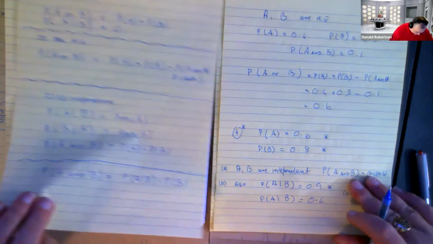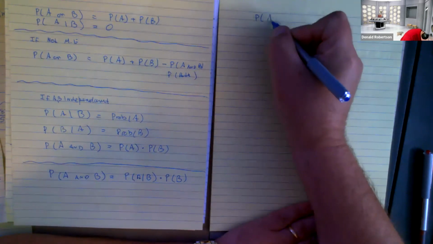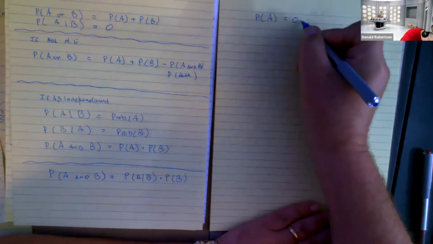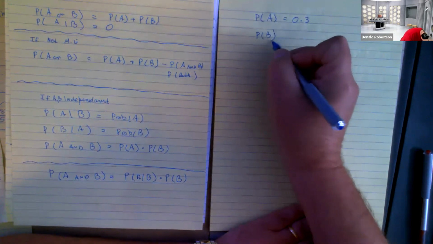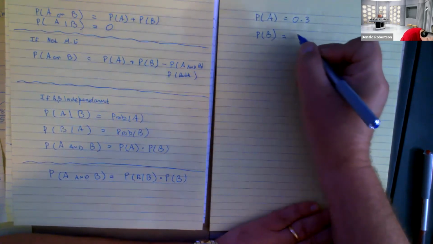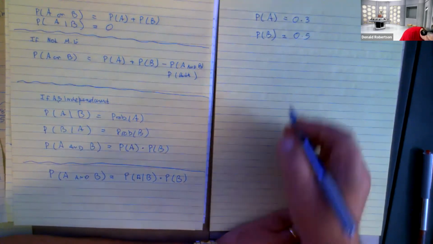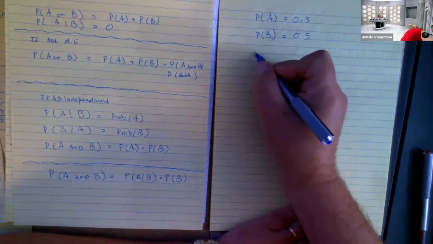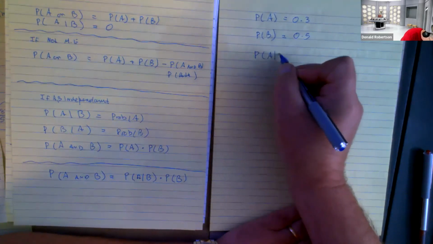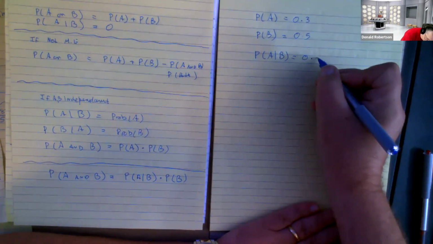So let me make a question using it. Suppose I tell you the probability of A is 0.3. The probability of B is 0.5. And what else can I tell you? And I tell you that the probability of A given B is 0.2.